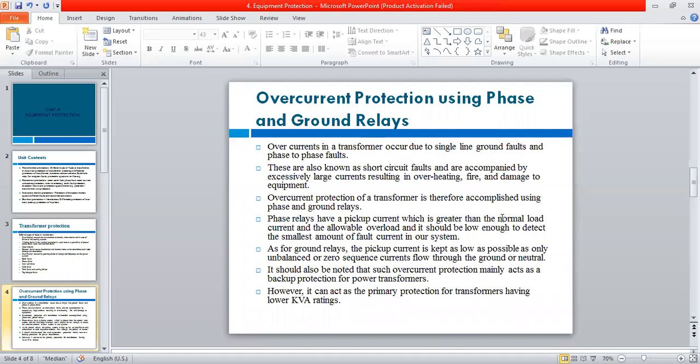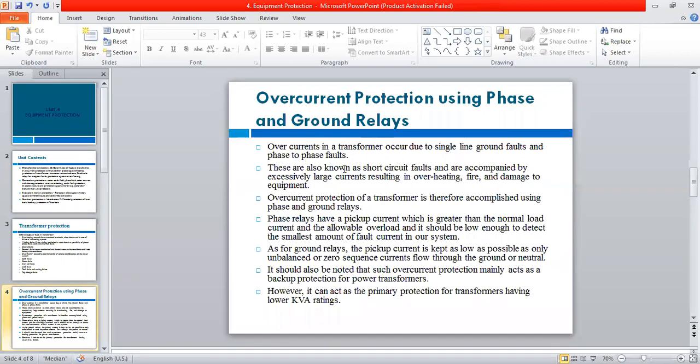So this overcurrent protection is mainly used as a primary protection for low kVA rating transformers, but it can also be used as backup protection for high kVA rating transformers, that is, the power transformers. So this is the overcurrent protection by using phase and ground relays for the transformer.